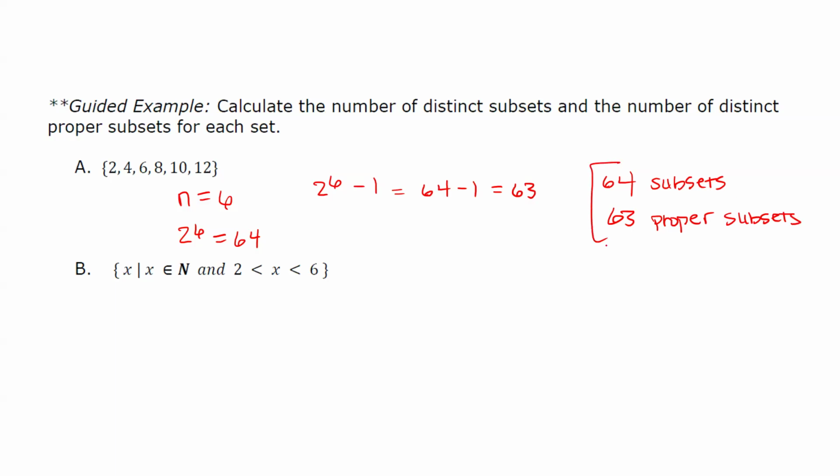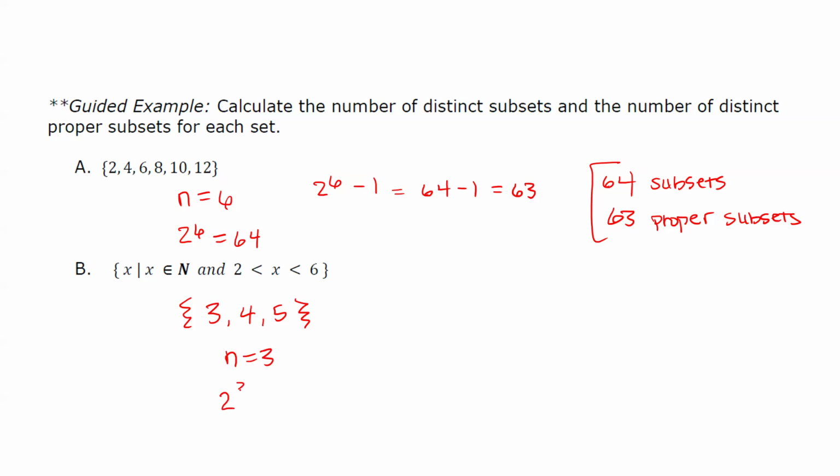Okay. And B, all x values such that x is an element of the natural numbers and x is greater than 2 and less than 6. Let's write out the elements using the roster method. That would be 3, 4, and 5 because x can't equal 2 or 6. So the number of elements here is 3.